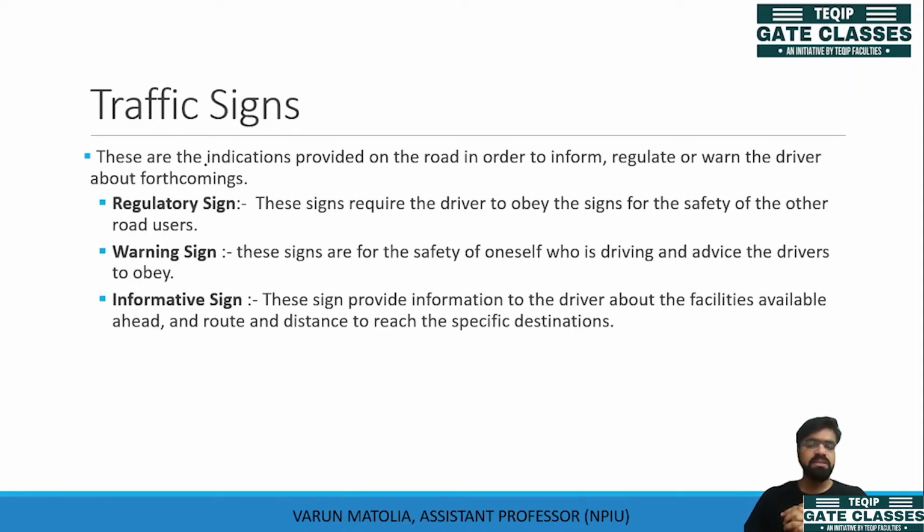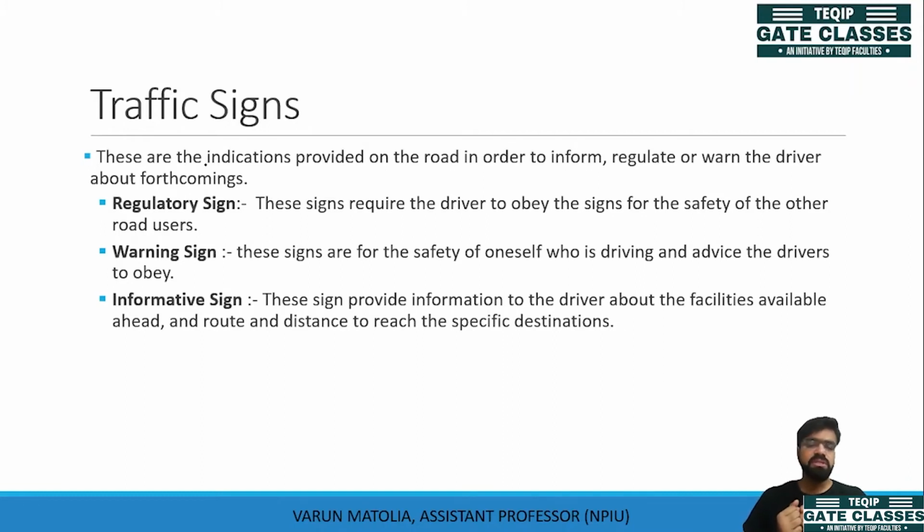Then warning signs or cautionary signs. You have to be cautious about the things which are advised on the road. These signs are for the safety of oneself. Then informative signs.